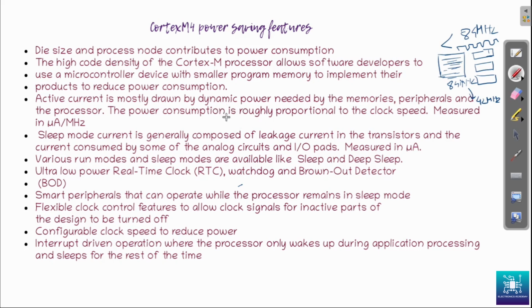When you are doing your designs, you have to be careful about what clock speed you choose, because if you choose a much higher clock speed than is necessary, then you might be wasting power. If your job can get done at a lower clock speed and it meets all the timing constraints, then it doesn't make sense to have a higher clock speed.